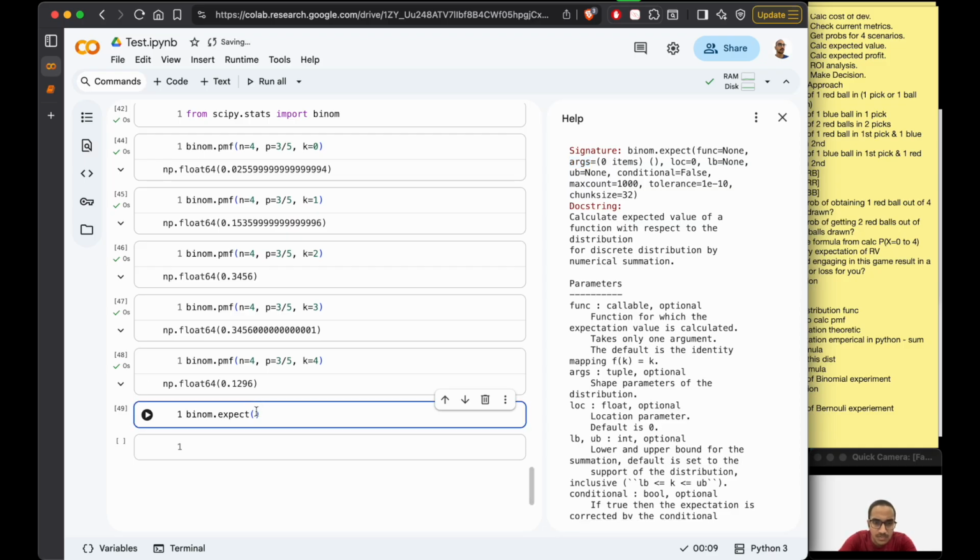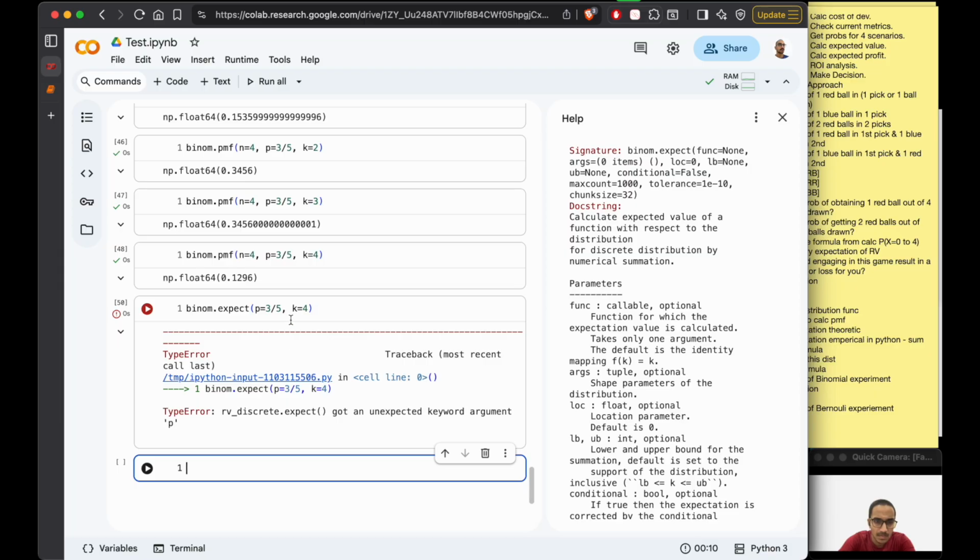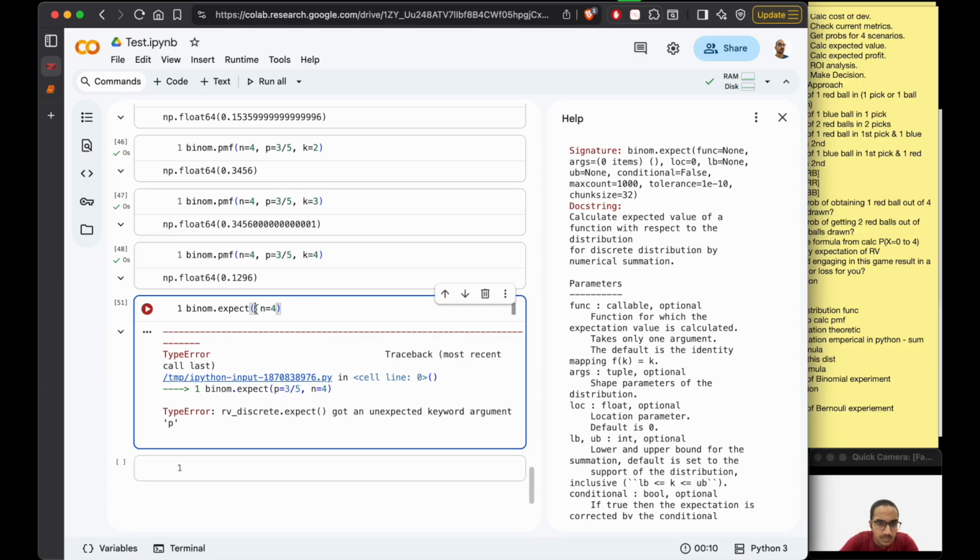So we pass n equal to 4 and p equal to 3 over 5. We have to pass the probability, obviously. Got an unexpected keyword argument. Is it n then? Is it the other way around?